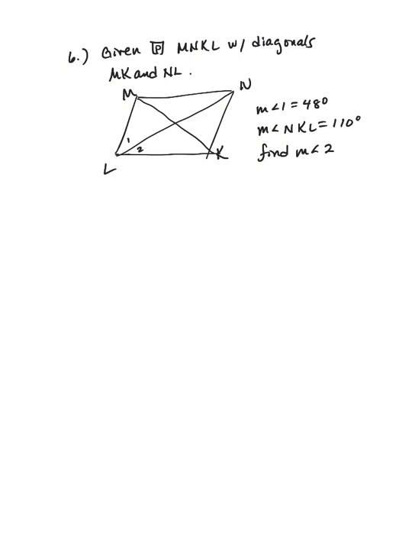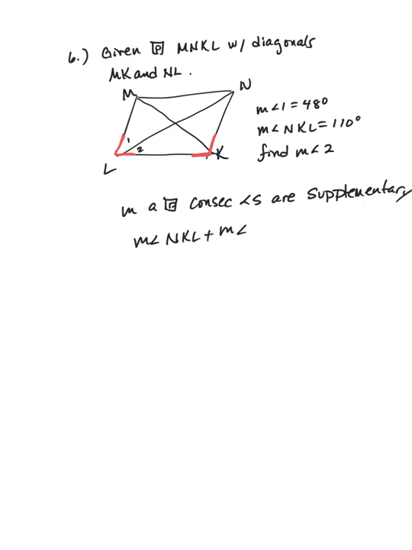So you got to be smart here. You have to think about the consecutive angles. In a parallelogram, the consecutive angles are supplementary. So therefore, the measure of angle NKL plus the measure of angle MLK is 180.